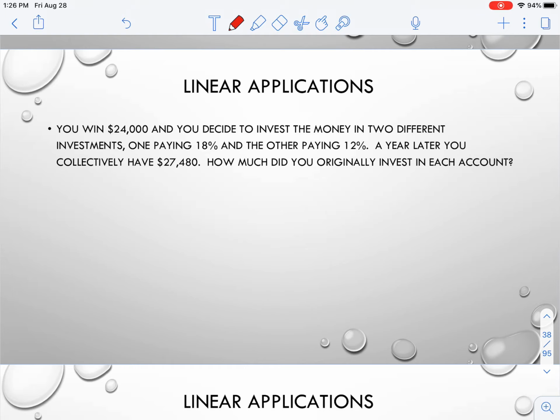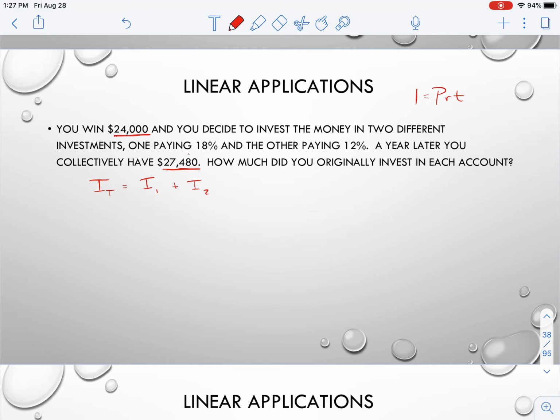So here I've got my simple interest formula, I equals PRT. One thing here, my interest total is going to be my interest from account number 1 plus my interest from account number 2. If I had a principal investment of $24,000, and after interest I have $27,480, okay?